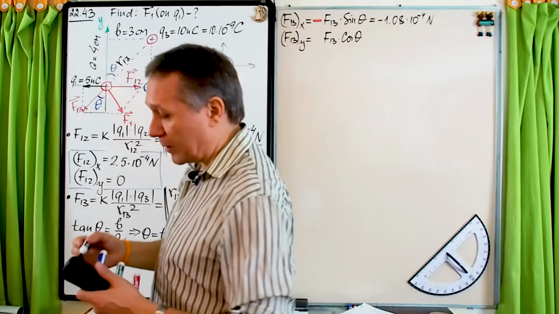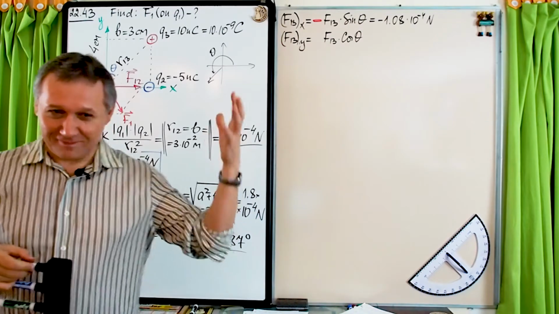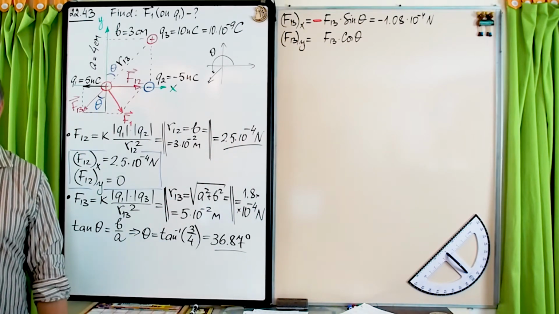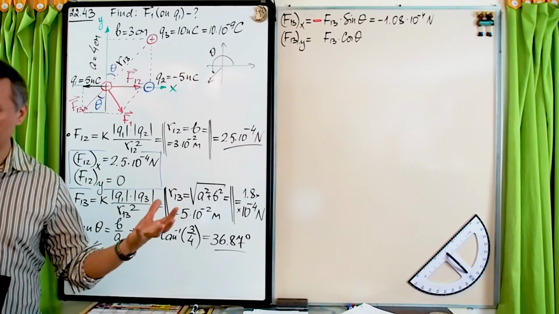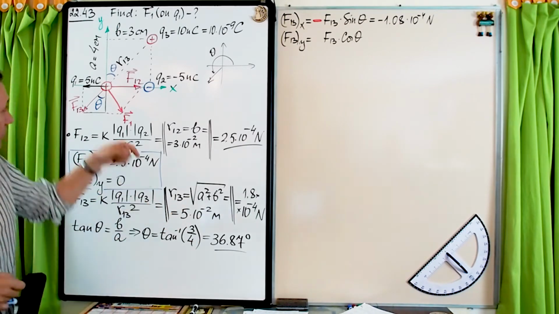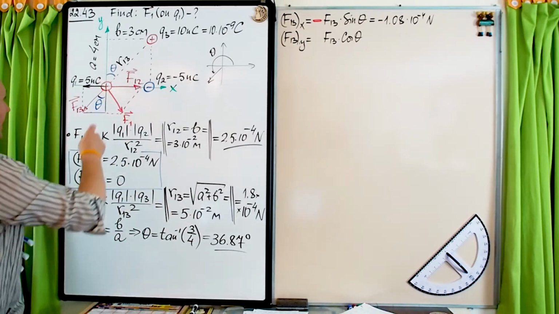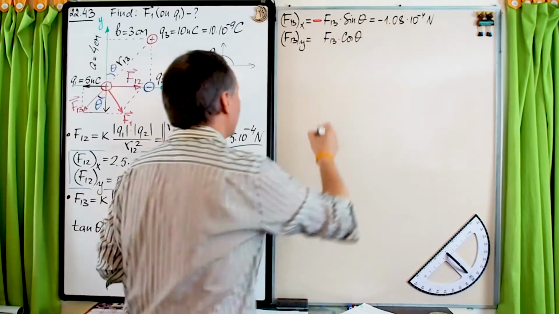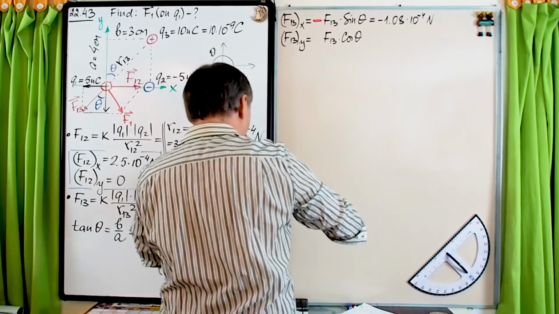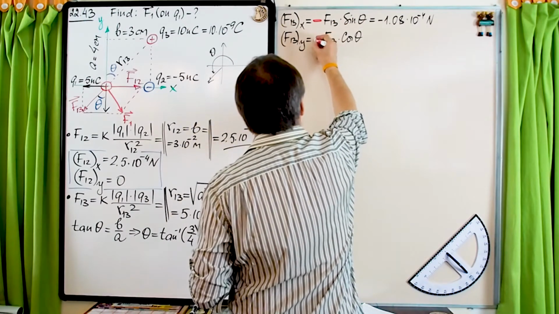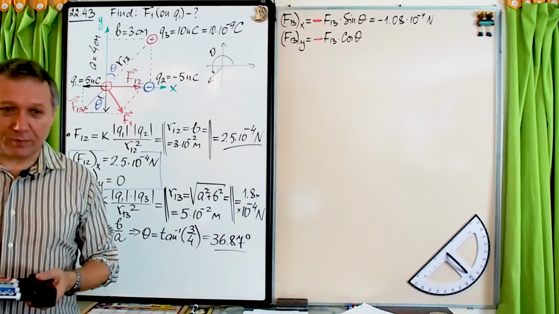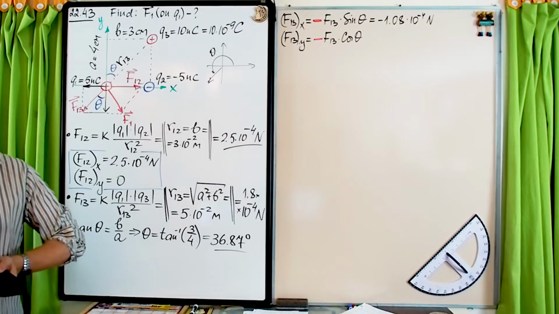Now you should be able to see it. Again, we need to put minus manually, because this component is down. The angle is unconventional, so we have to take care of the pluses and minuses manually.